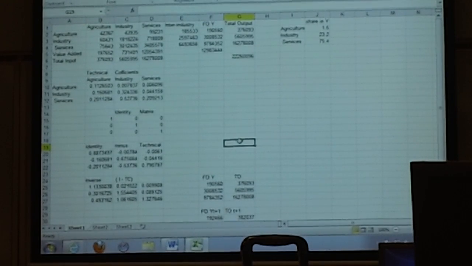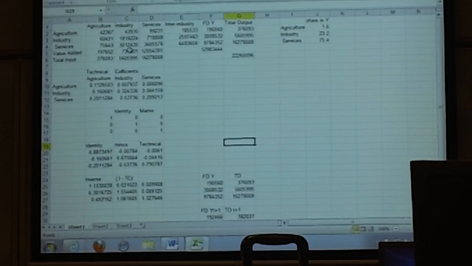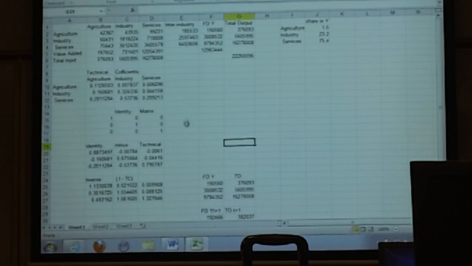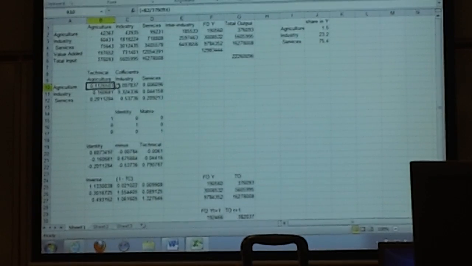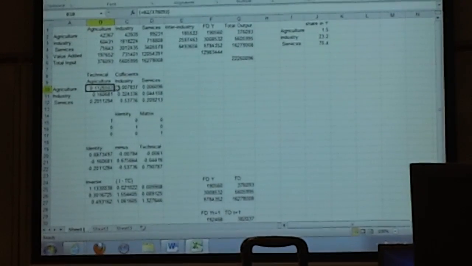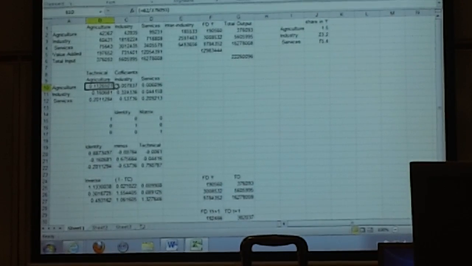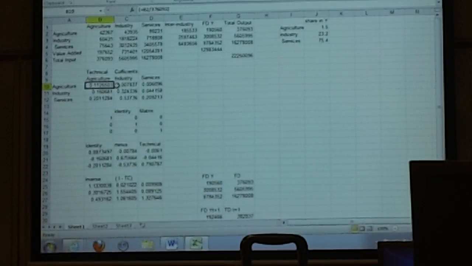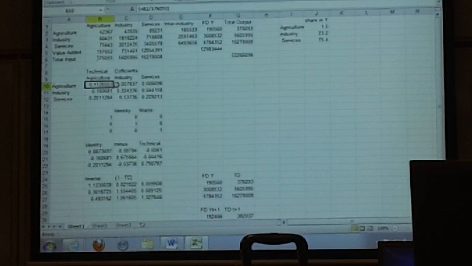And the technical is given, or do we have to compute this? You have to compute that. Now, the instruction sheet that you just got emailed gives you the outline. Can you please click one of the cells in the technical coefficients matrix? See the equation. It's agriculture divided by total output, or total input, and industry divided by total input.